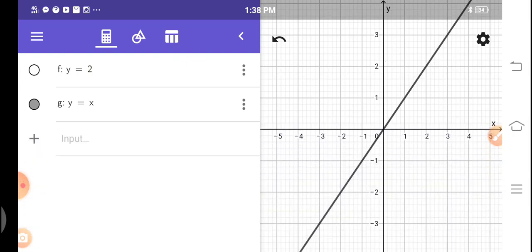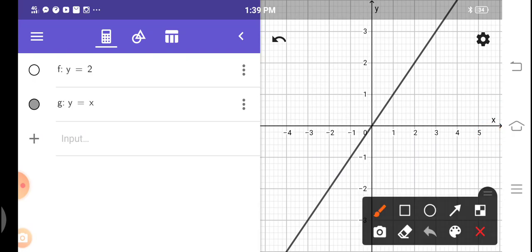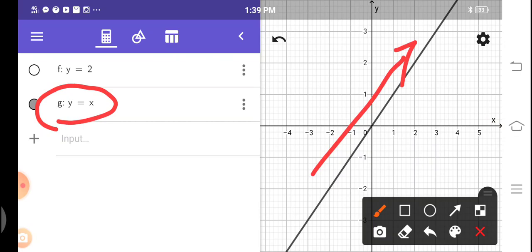So this is an example of our function. The graph of the function y is equal to x is this one. So it is an increasing function. It started from left to right, so it is an increasing function.